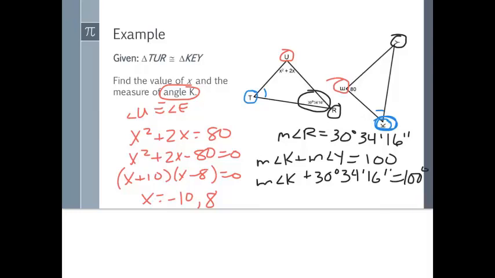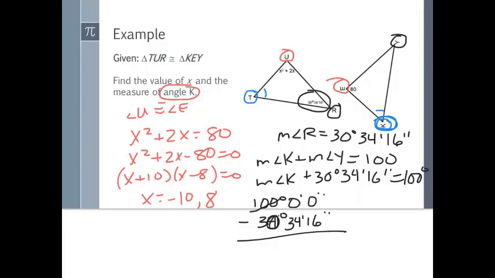Okay, and I'm just going to do that math over here. 100 degrees, that's 0 minutes, 0 seconds, minus 30 degrees, 34 minutes and 16 seconds. Now remember, we can't take 16 seconds from no seconds, so we're going to have to go back and borrow.